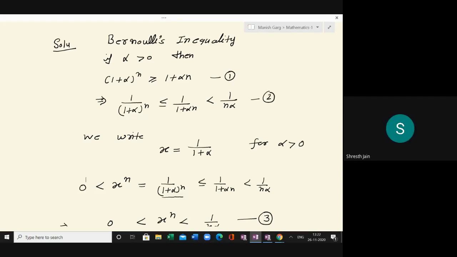But sir, Bernoulli's inequality is only valid if alpha is very less than 1. Okay, I got it. You are saying that one. Okay, you are saying Bernoulli. I think this is also true, one minute, just.